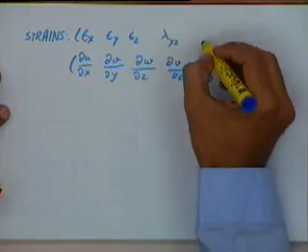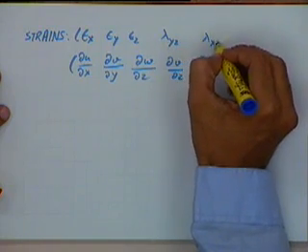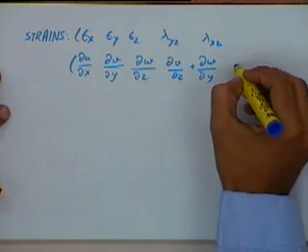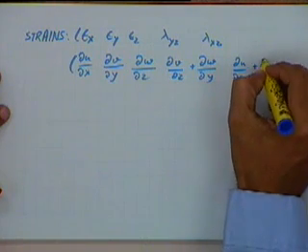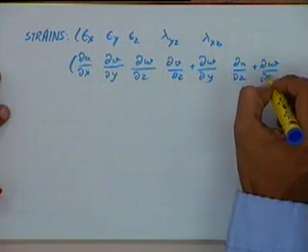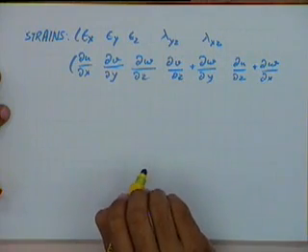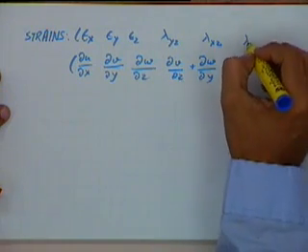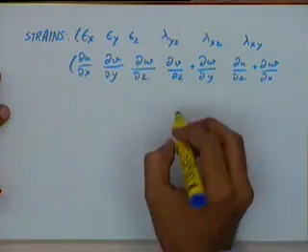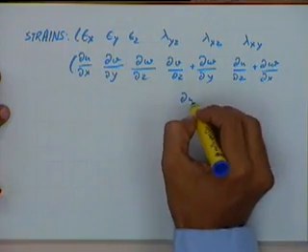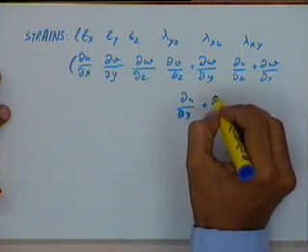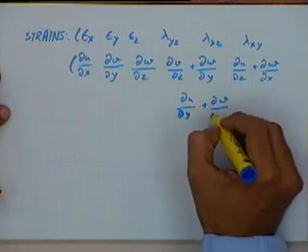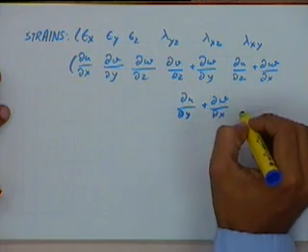The next term is lambda xz, which is the same as del u by del z plus del w by del x. The last term, lambda xy, is del u by del y plus del v by del x.